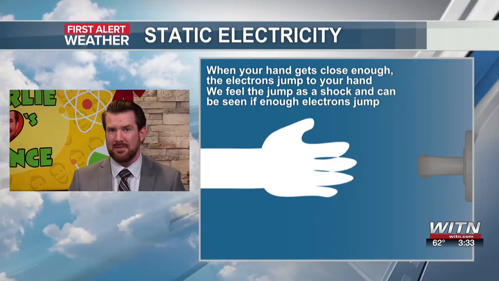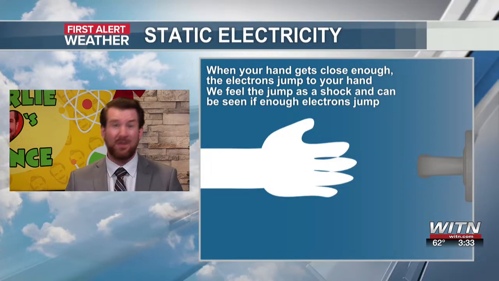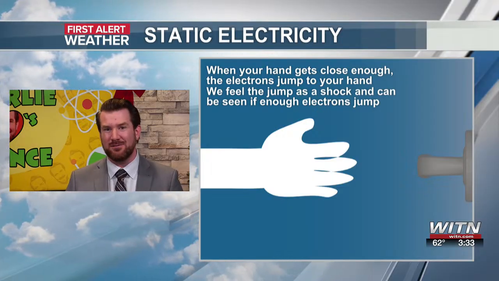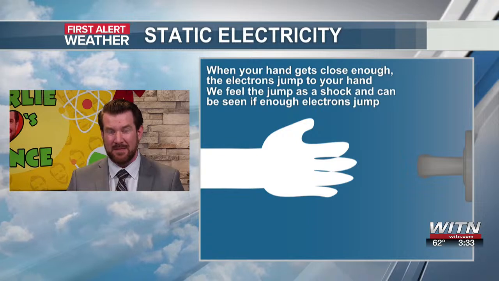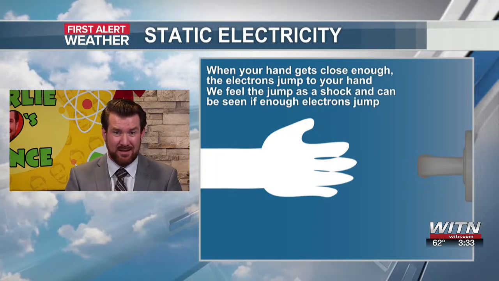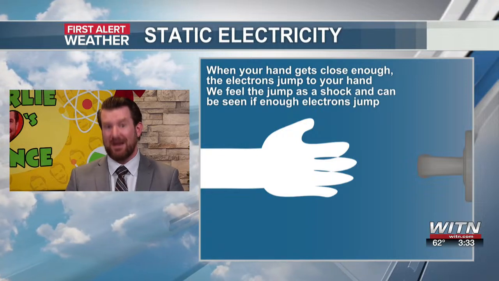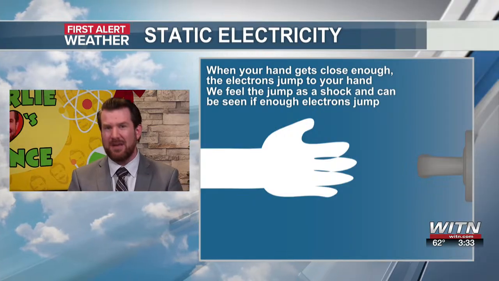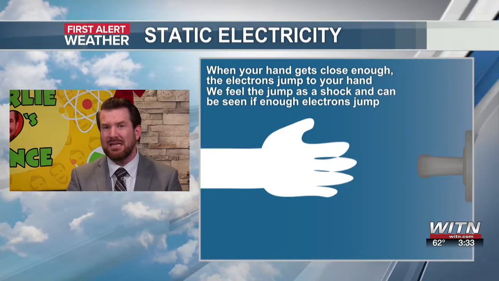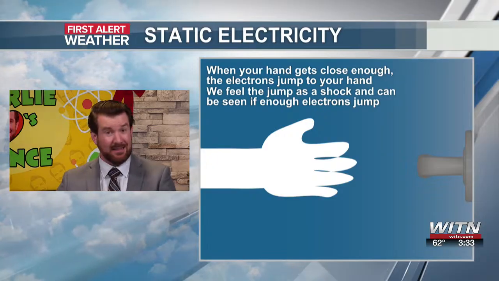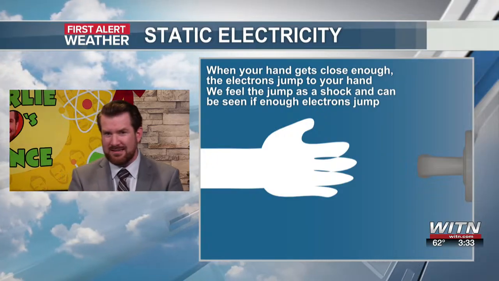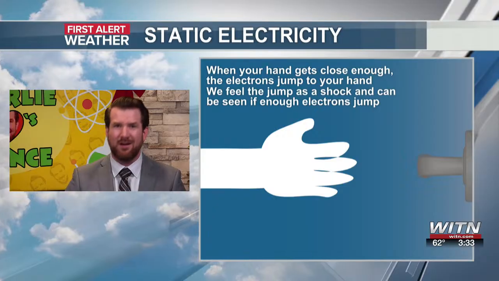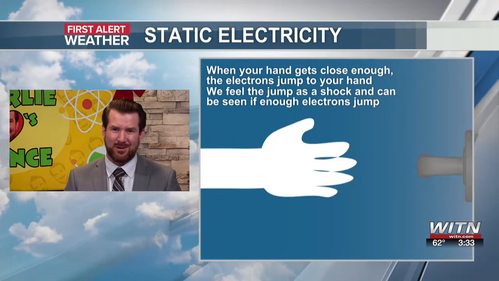Normally, each shock consists of around 1,000 to 10,000 volts of electricity. The reason why it's not dangerous is because the current is incredibly small, measured on a micro or even a milliamp scale. So it is a lot of voltage, but it doesn't flow in a strong enough current to cause us any sort of damage.